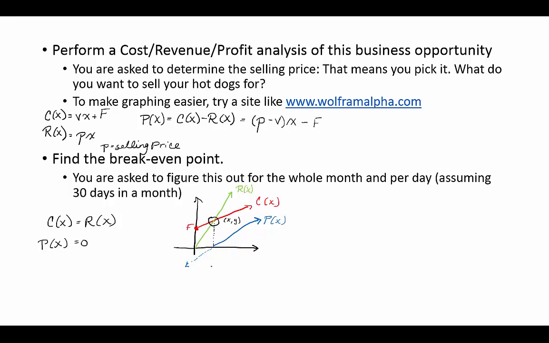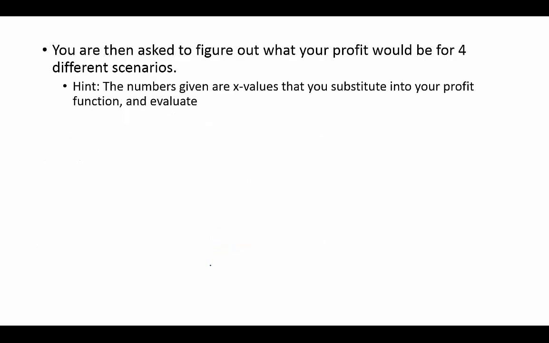I would like to now move on to the last question. You are then asked to figure out what your profit would be for 4 different scenarios. So I give you 2,000 hot dogs a month, 4,000 hot dogs a month, 6,000 hot dogs a month, and 8,000 hot dogs a month. You take your profit equation, and treat these as x values.